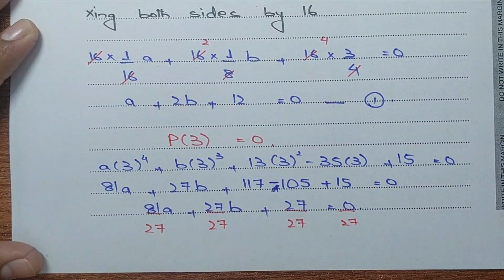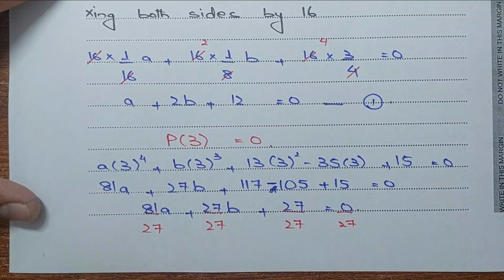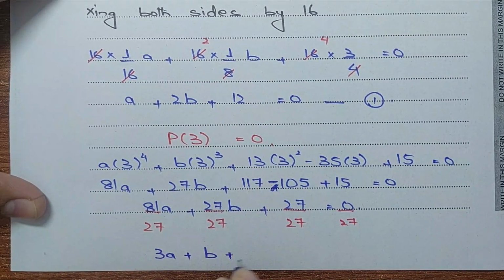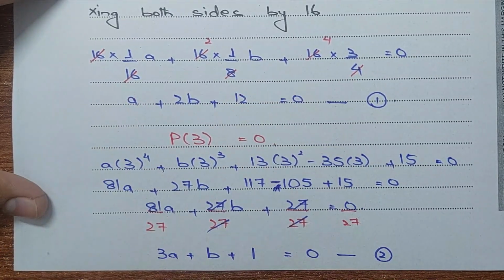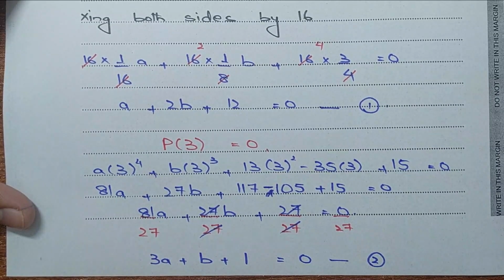Okay. Now 81 divided by 27 is 3, right? 3 is the coefficient of A, 1 is the coefficient for B, and the constant term is also 1 equals 0. 27 times 1 is 27. This is my second equation. Now you guys can see both equations 1 and 2 are very simple now. Now we can easily find the values of A and B.